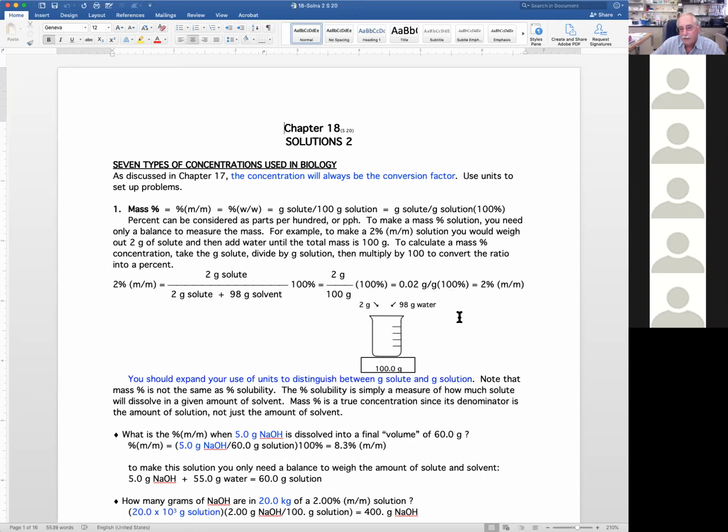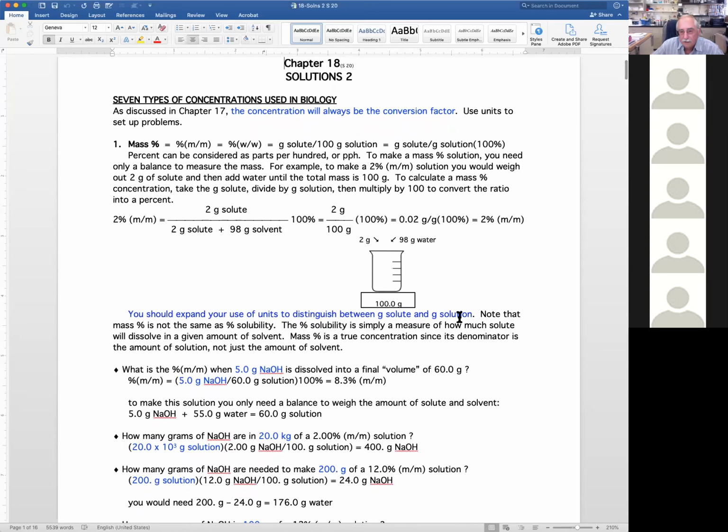The reason why these are convenient to make is because all you need is a way to weigh it. You need a balance, that's all you need. So I could have this read 0, I put the beaker on there and make it read 0. I add solute till it's 2 grams, and I simply add water until I get 100 grams. Stir it, and there's the solution right there.